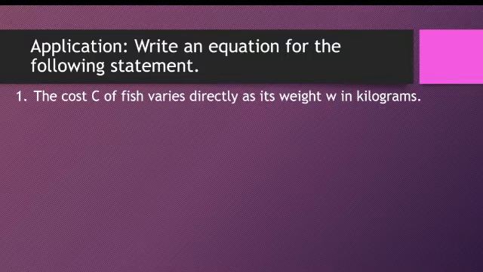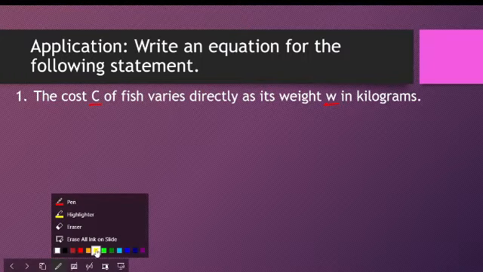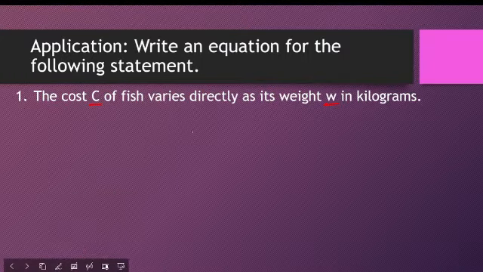The cost C of fish varies directly as its weight W in kilograms. So we were just given particular variables for each of the given quantities. Okay? So varies directly, there, we see it. So automatically this is direct variation because of the statement varies directly.